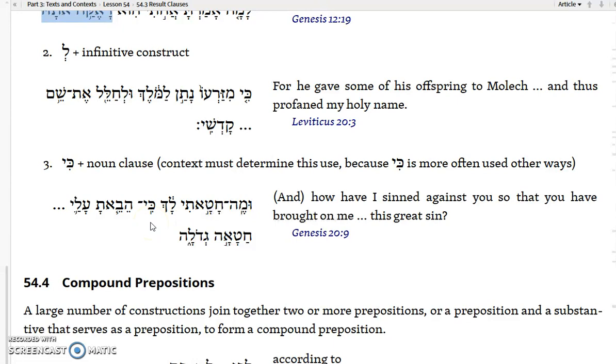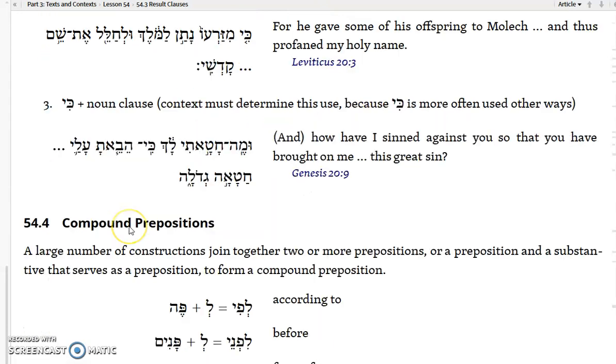Ki, that, with the result that heveta alai, with the result that you have brought upon me, I should say, chata'ah gedolah, this great sin. And here the ki is introducing a result. How have I sinned so that this is a result?